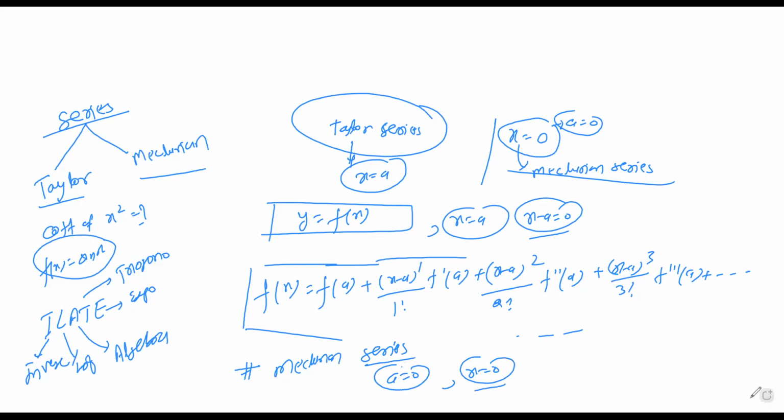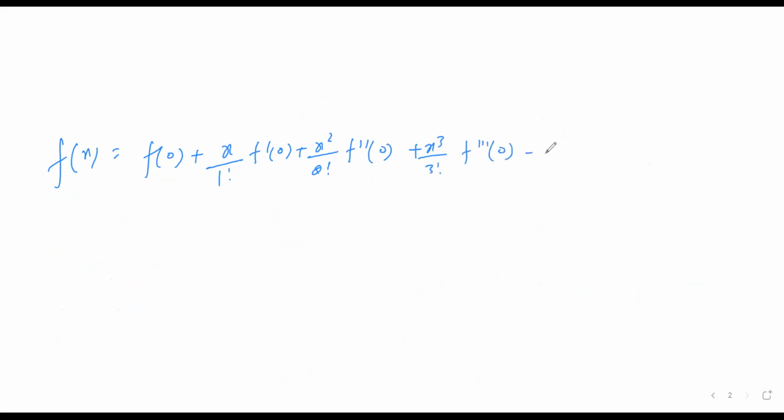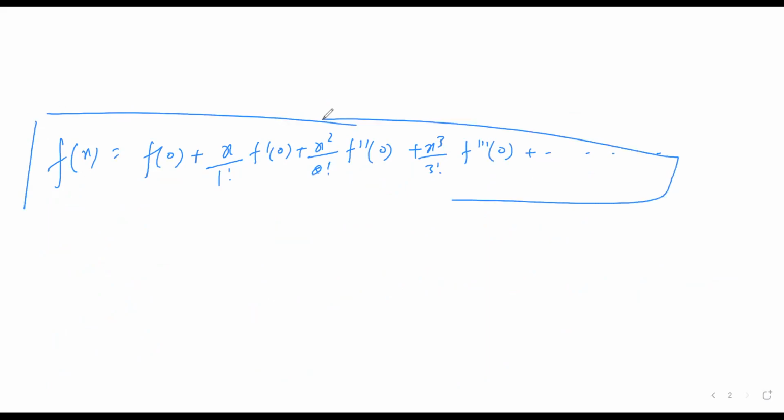So that series will be converted to f of x is equal to f of 0, plus x by 1 factorial f dash of 0, plus x square by 2 factorial f double dash of 0, plus x cube by 3 factorial f triple dash of 0, and so on. This series is called a Maclaurin series.